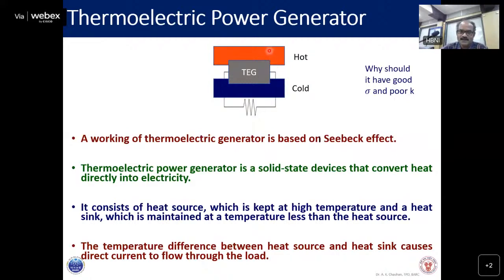After a certain time, because of the thermal conductivity, the temperature of this will become equal to the temperature of the cold end. Therefore, the temperature gradient will cease to exist and there will not be any power generation. So that is the reason why you need poor thermal conductivity, so that the heat flow should be as little as possible. However, the electrical current should be more.